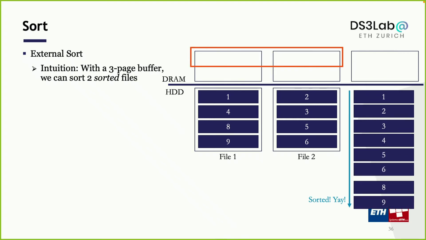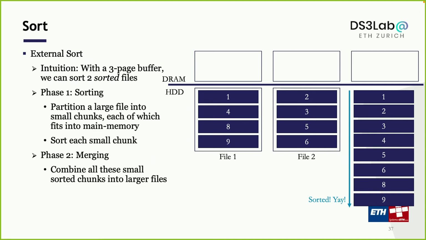Once you have done this, you have a sorted file that contains all the information in file 1 and file 2. If you think about the cost, it is one pass of reading file 1, one pass of reading file 2, and one pass of writing the whole thing. That's your I/O cost. So as you can see, merging 2 sorted files can be pretty easy. That is one intuition.